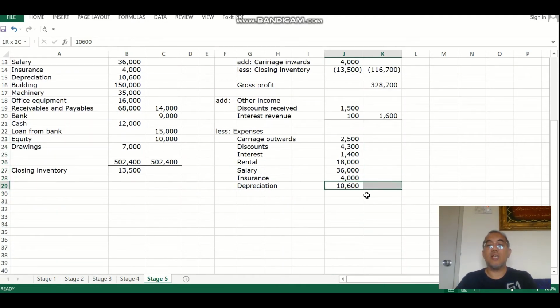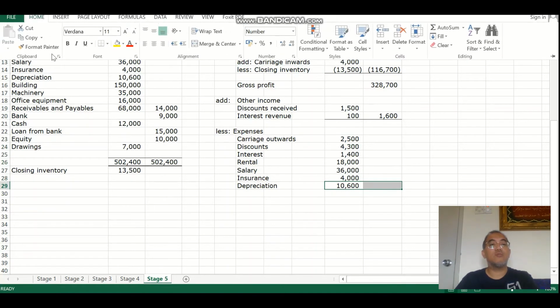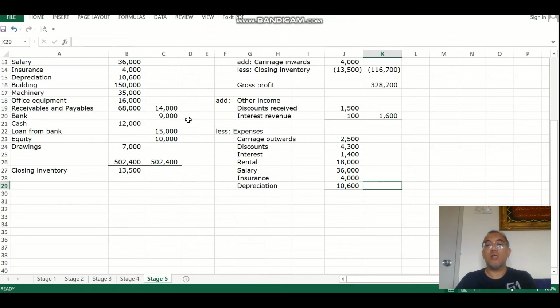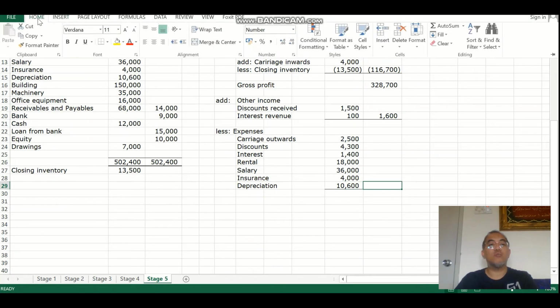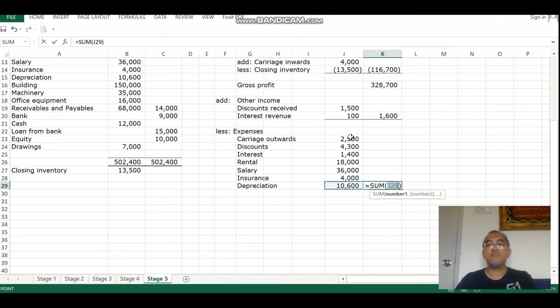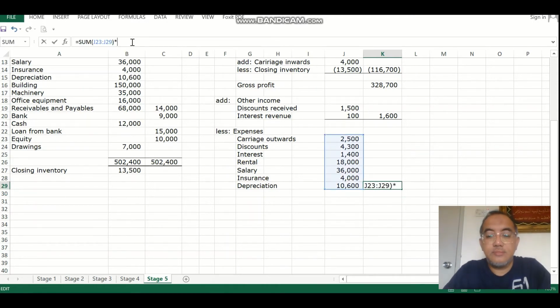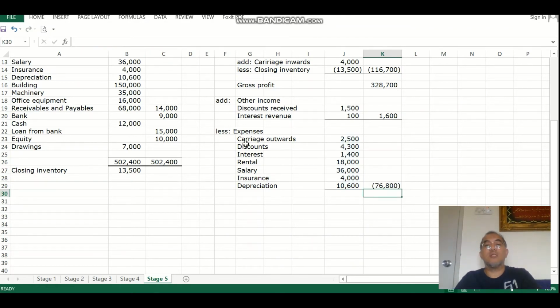Okay, now all the numbers are in. So let's total up how much is our total expenses. My total expenses will be 76,800. Okay, I need to put a minus sign, because I need to minus.